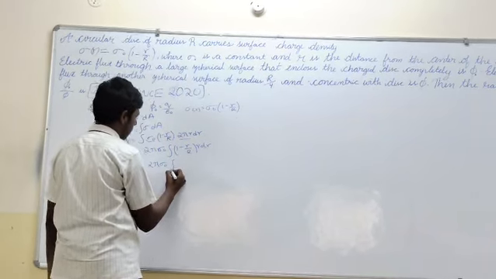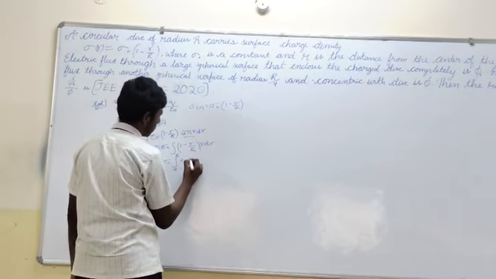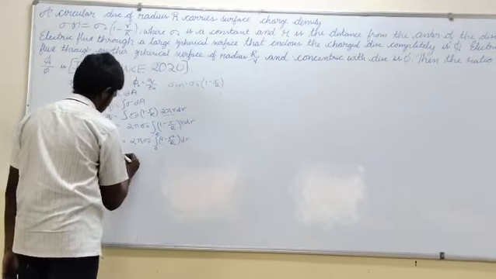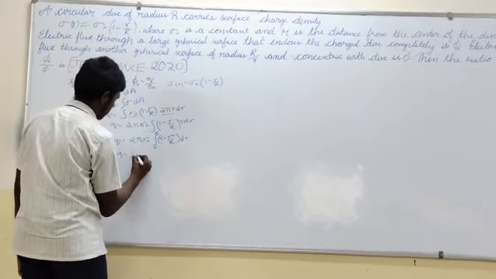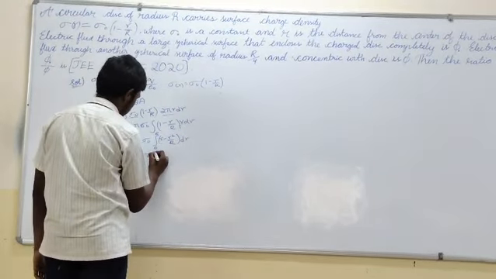Here the limits will be 0 and R. This r will be multiplied to both the terms. These limits will be substituted in it.